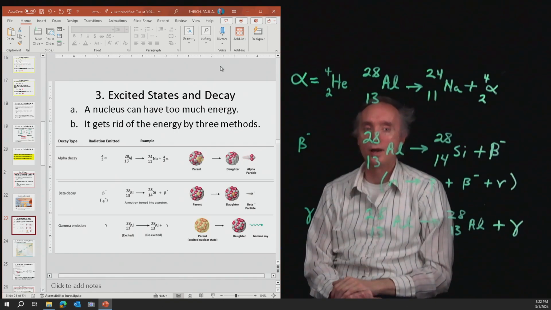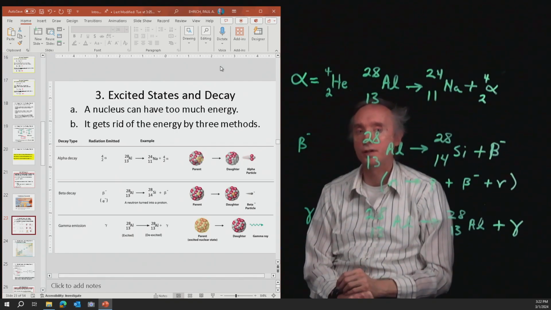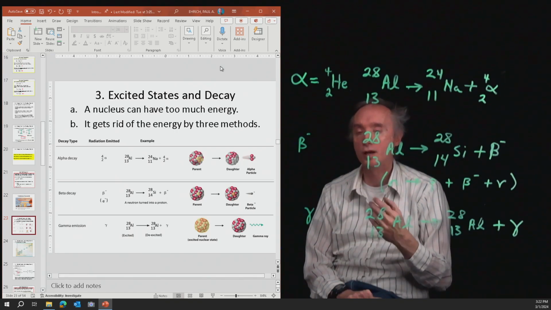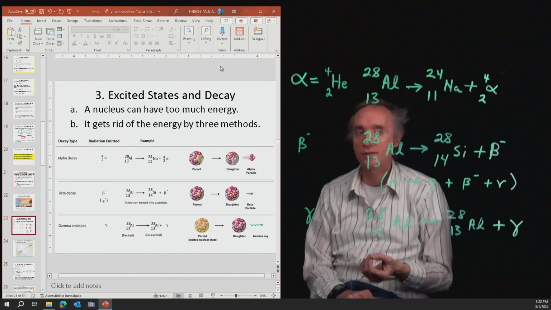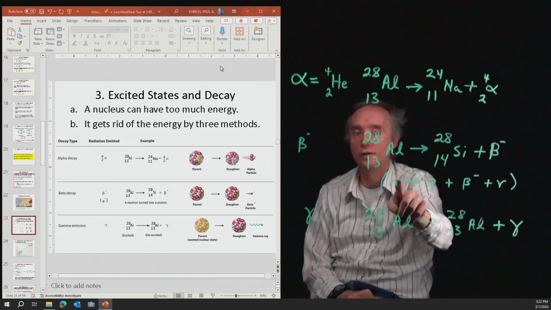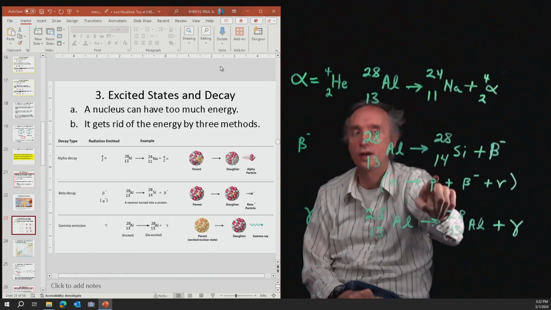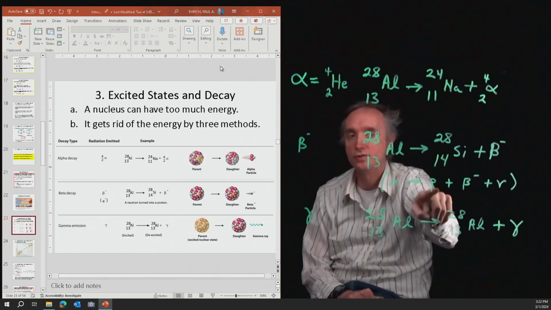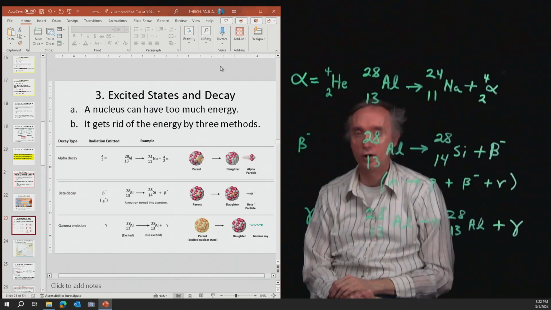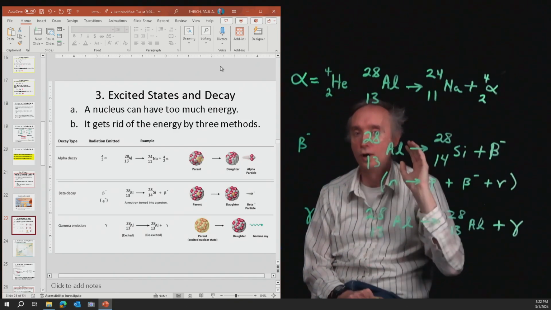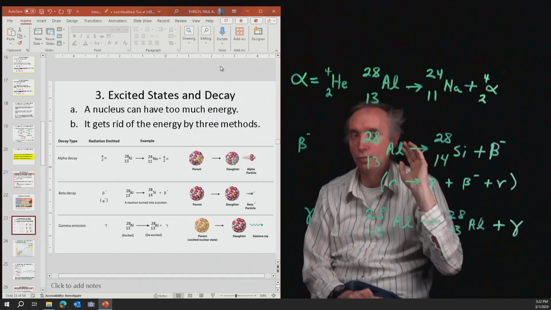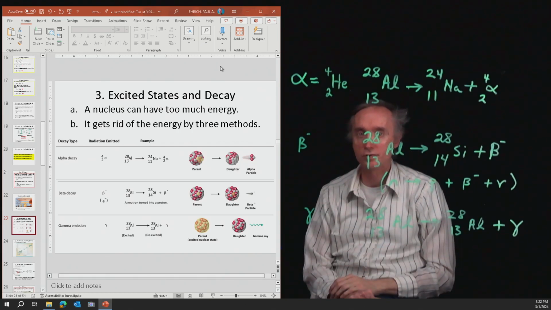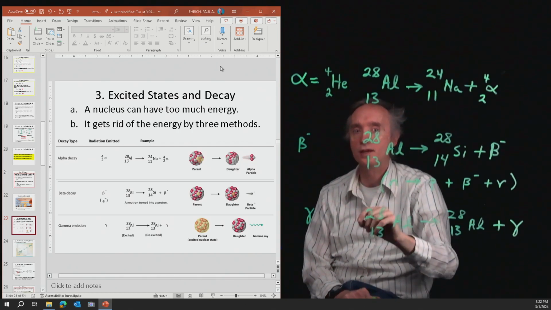Now there's another way that a nucleus could become more stable, and that's by changing one of its neutrons into a proton, or changing a proton into a neutron. We already covered that. That was called the what force? The weak nuclear force. So we're going to start with the same element.